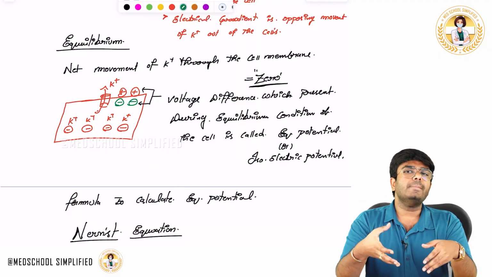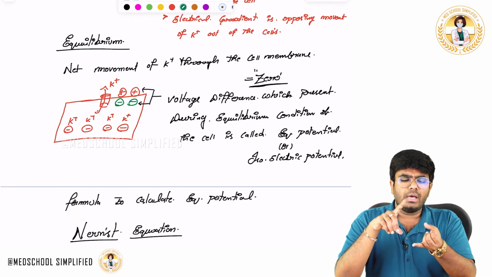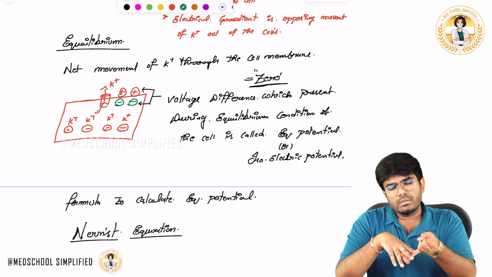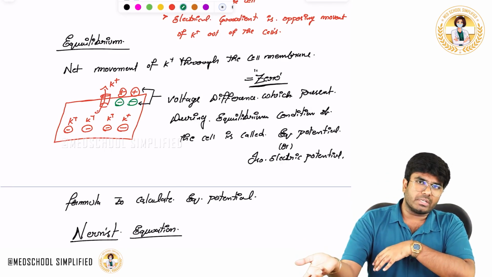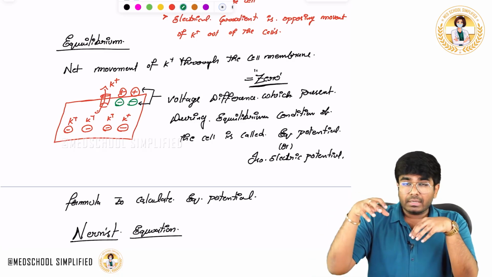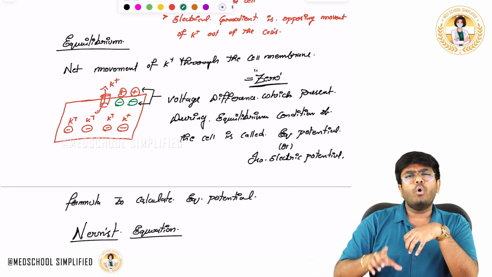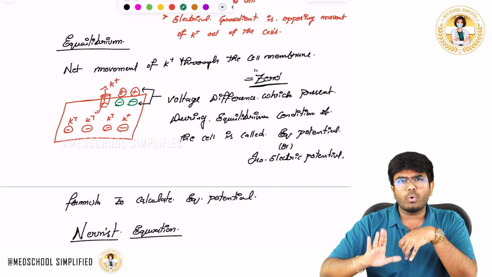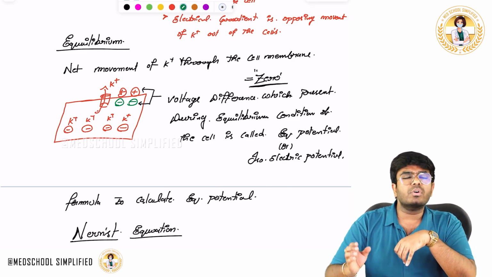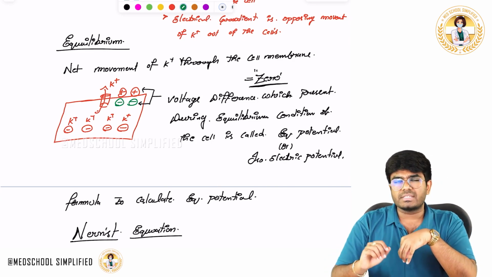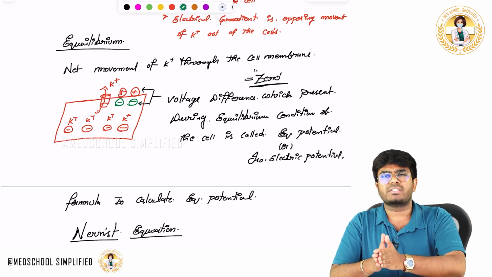Then I will say, in this cell, the equilibrium potential is the resting membrane potential. Of course, in certain cells, like the glial cells, only leaky potassium channels are there.